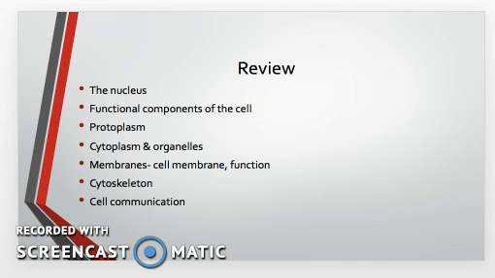Oh, here's the cell plasma membrane. All right, so the cell plasma membrane is on page 72. Maybe that is what she's referring to with the membrane, cell membrane and function. The cell is enclosed in a thin membrane that separates the intracellular contents from the extracellular environment.